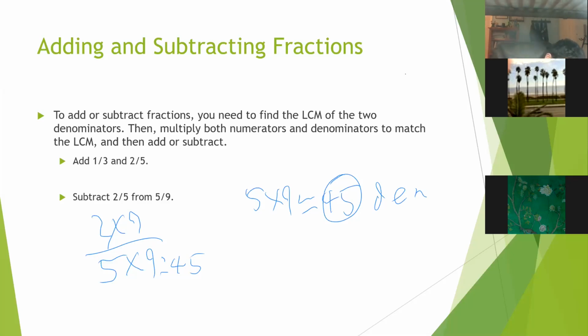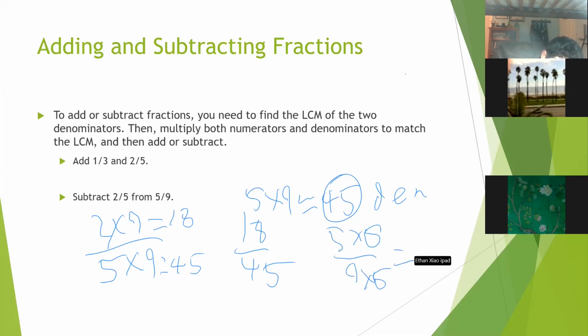2 times 9 is 18. So what you get is 18 over 45. And next we have 5 over 9, we have to multiply that in order to match the denominator. 5 times 5 over 9 times 5 equals 25 over 45.